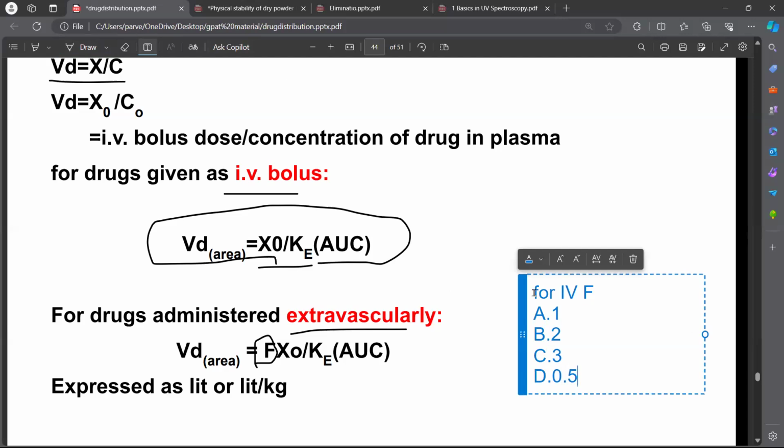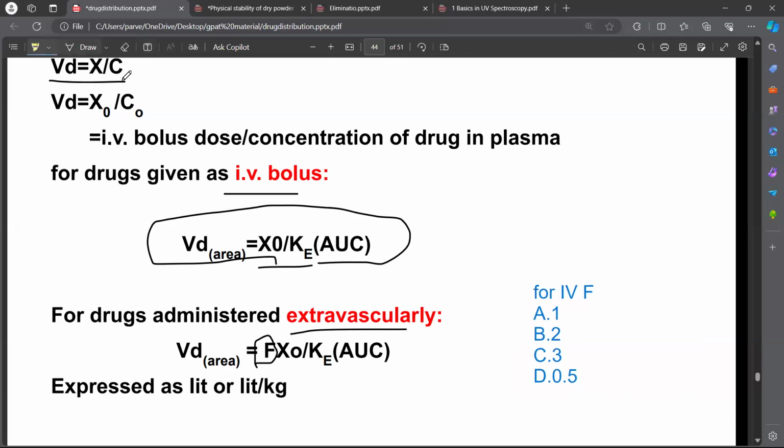Everyone must answer this question, guys. The value of F for IV administration is... It is basically 1.